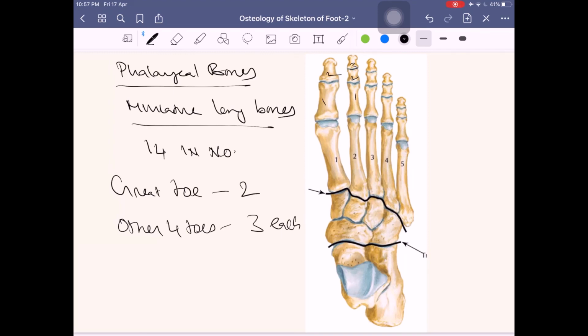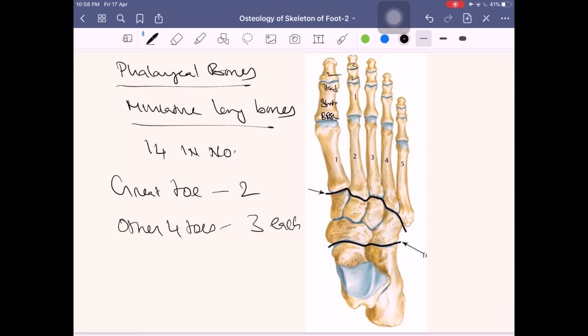And among these, only in the grade 2 do we have the joint forming. This is what we call the base of the phalanx, this we call the shaft, and this we call the head.